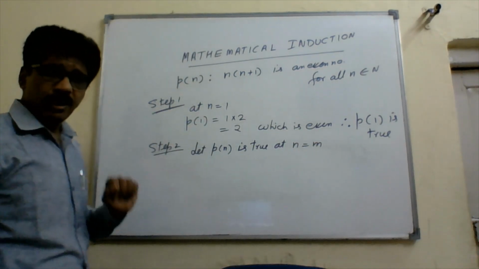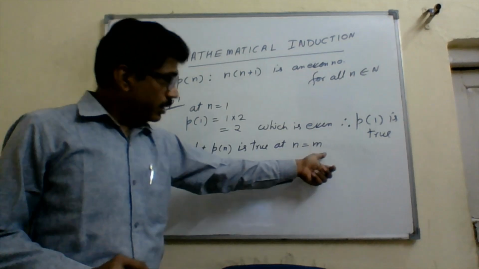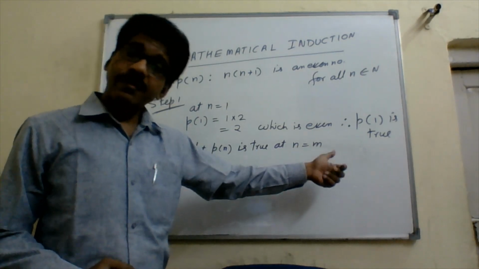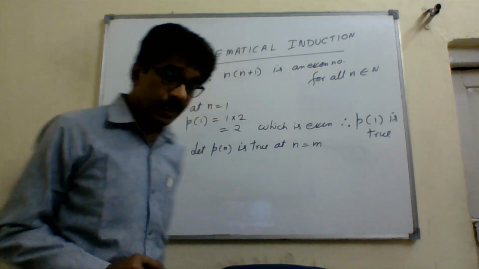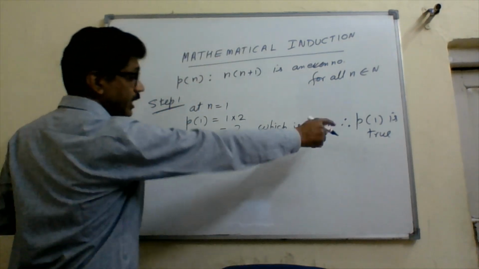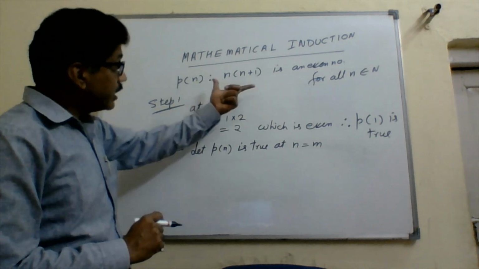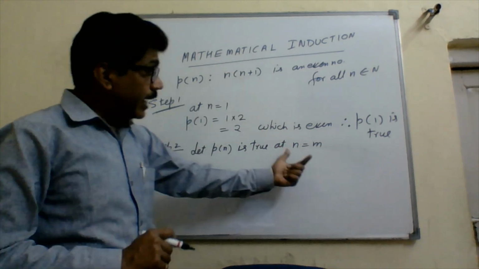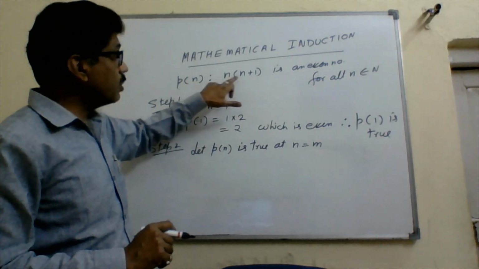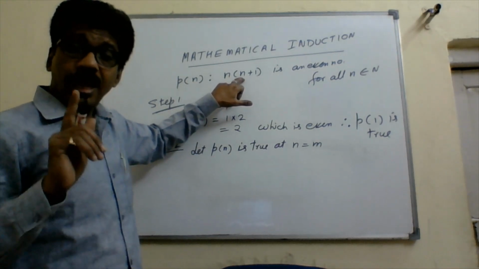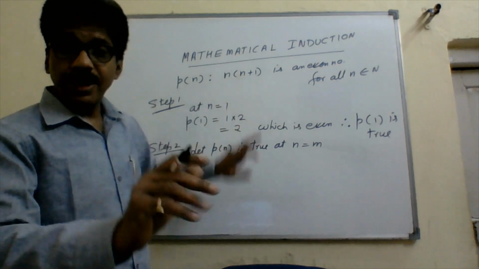If this statement is true at n is equal to m, that means when I put n is equal to m here, I should get an even number.